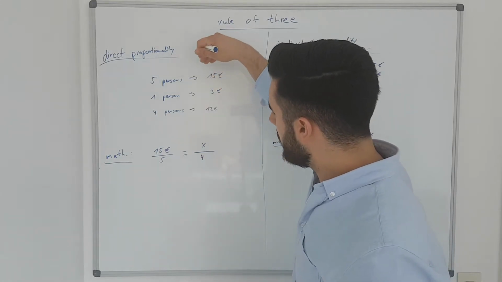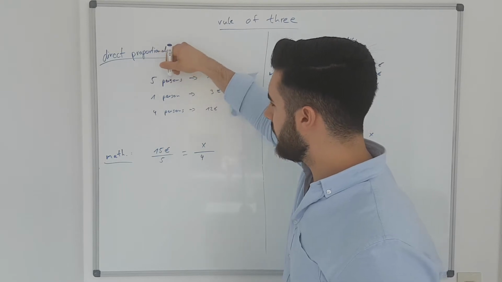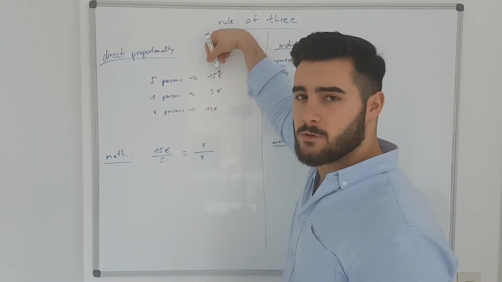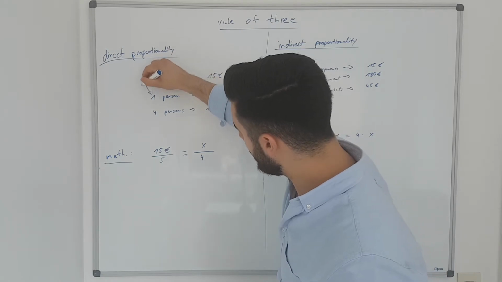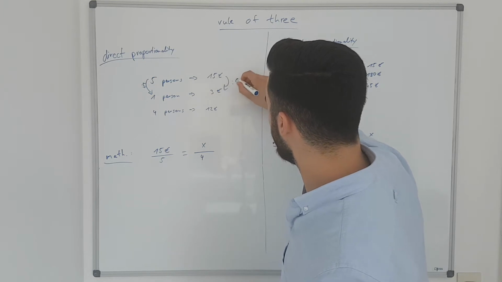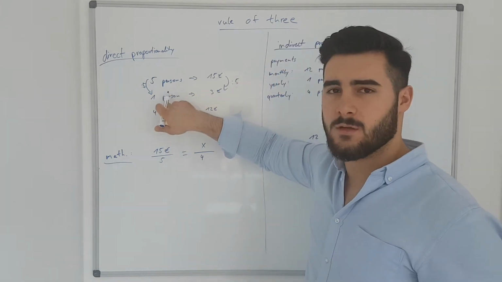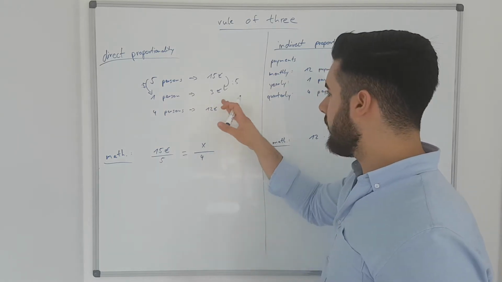So you do the calculation from the first line on. You know 5 persons, you pay 15 euros. So you divide by 5 on both sides. You find out first how much you will pay for 1 person. So this is basically 3 euros.